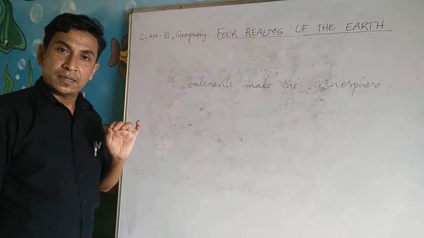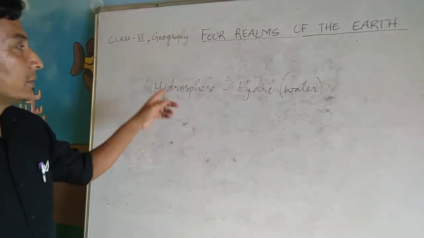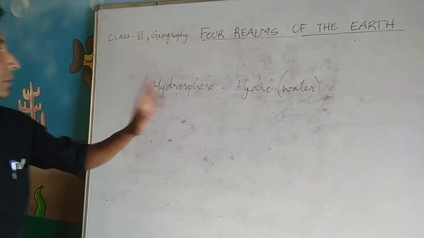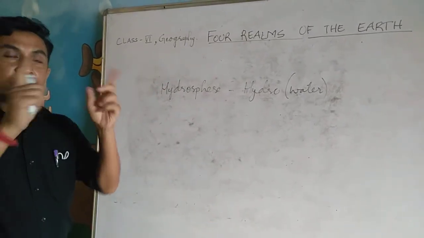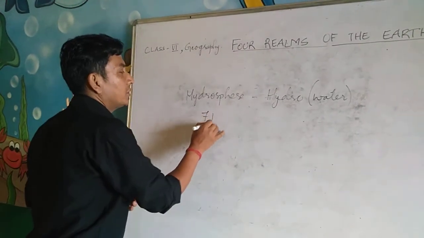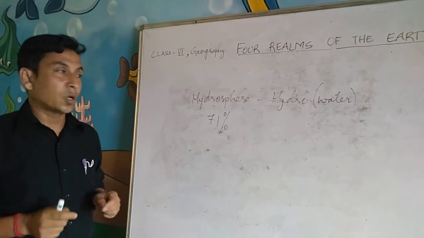Okay. So after lithosphere we have hydrosphere. Another Greek word, hydro means water and sphere means the part. So this is the largest sphere of the earth. It comprises 71% of the total globe.